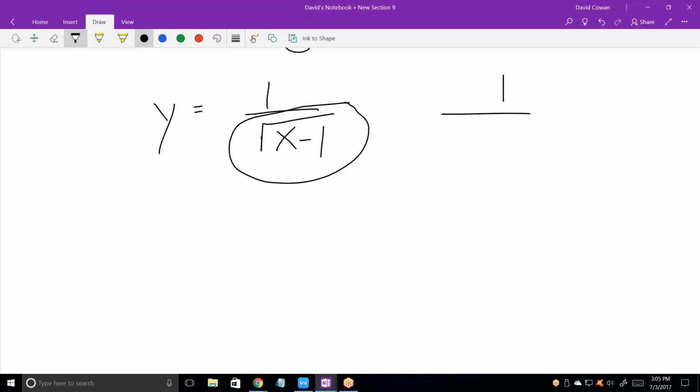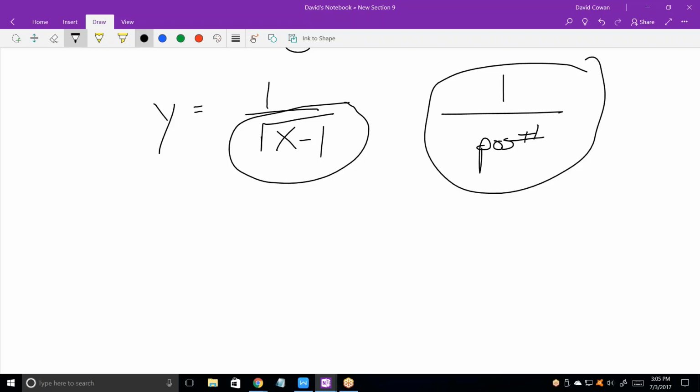So we have 1 divided by some positive number. Well, what are the possibilities for that answer? Anything greater than 0? Yeah, anything greater than 0. We have a positive number divided by a positive number, but this bottom could be a fraction.